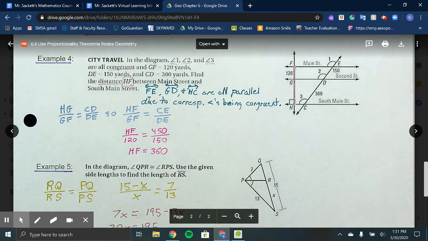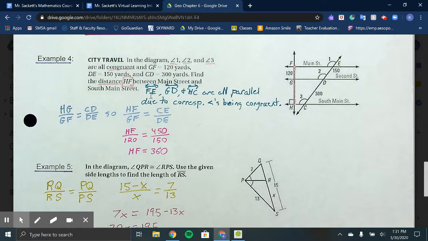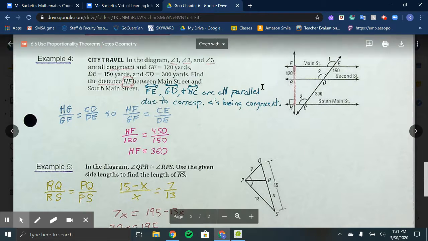So some pieces that we know to begin with, we know line FE, GD, and HC are all parallel because angles 1, 2, and 3, seen here, are corresponding angles, and if they are congruent, then we know the lines are parallel.